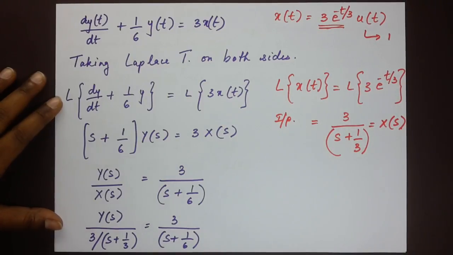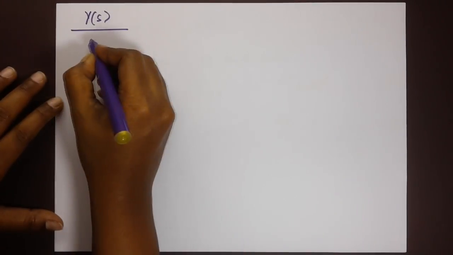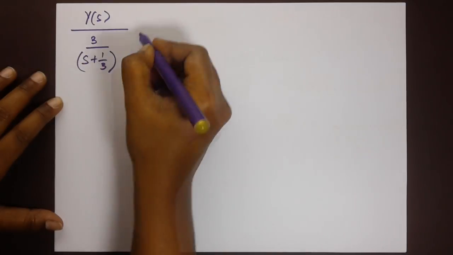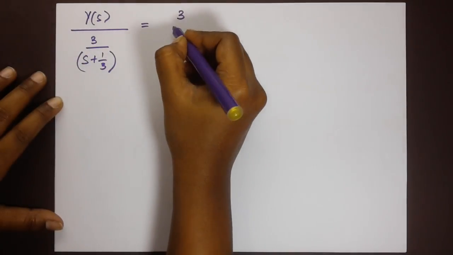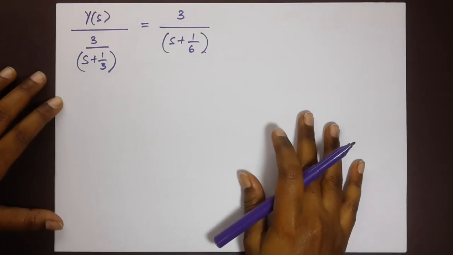I'll just take another sheet of paper and we'll continue. Alright, so we have Y(s) divided by 3/(s + 1/3) is equal to 3 divided by (s + 1/6).